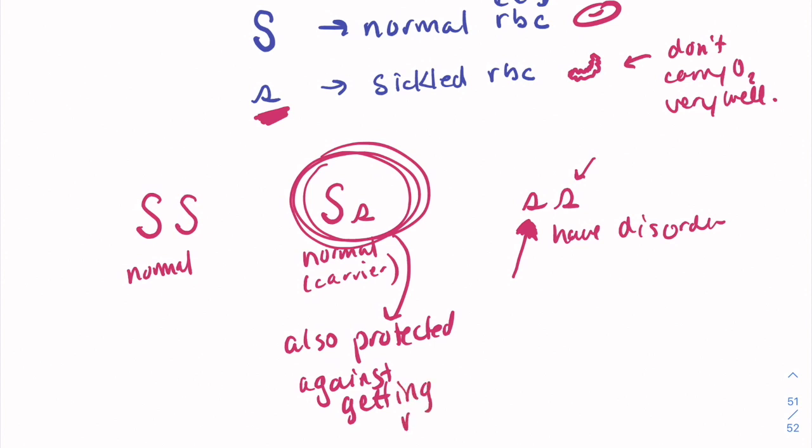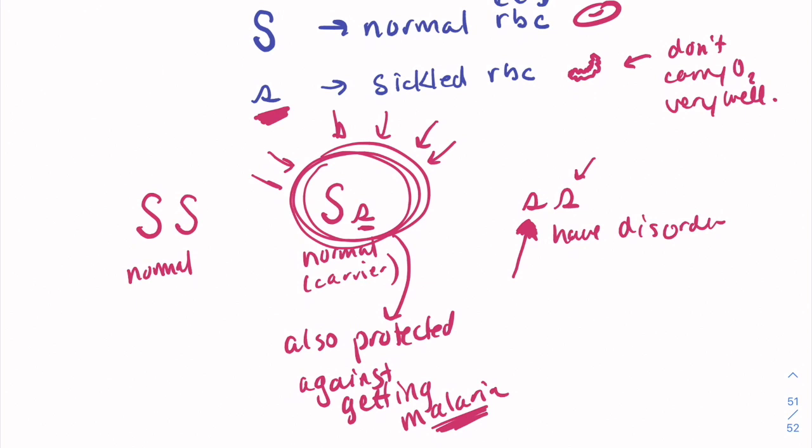And people used to die of malaria. It's a serious disease, serious infection. So it was very advantageous, before the dawn of modern medicine, to be heterozygous. And so this recessive allele stuck around in the population right there.